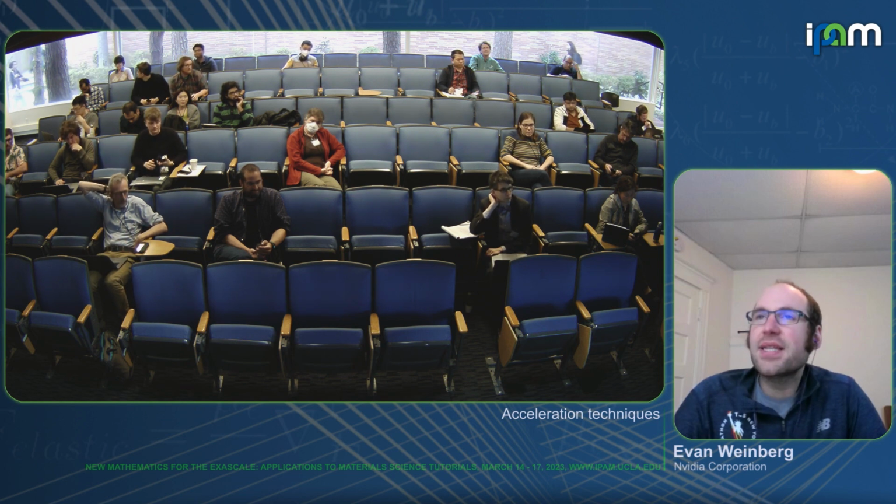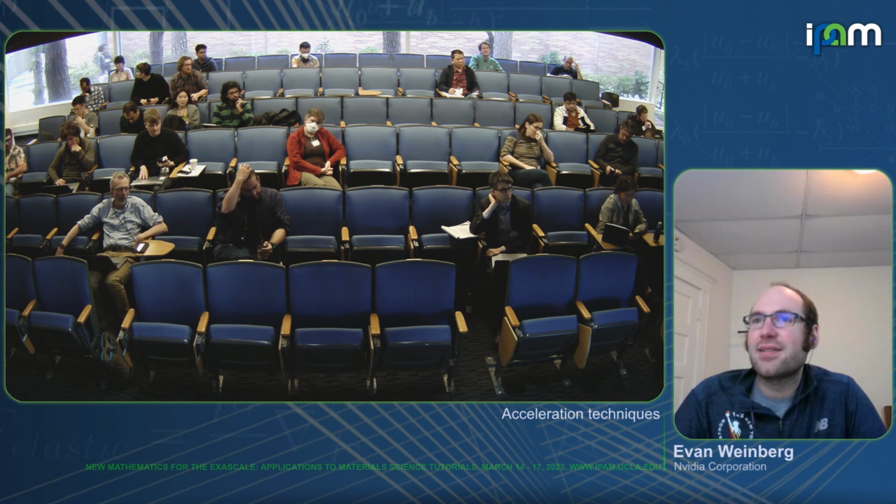For example, do you think this flop to byte, memory bandwidth to flop ratio is going to change again, or is it going to stay roughly about this number of 38 that you cited? I think that's going to stay a similar order of magnitude.